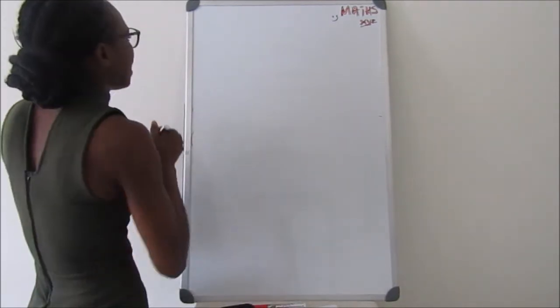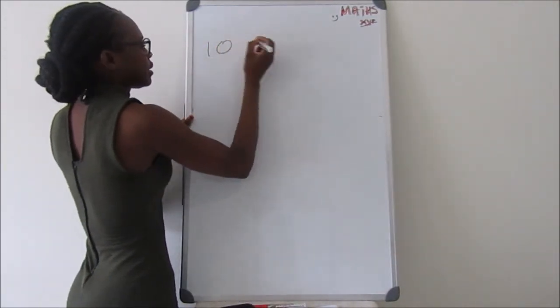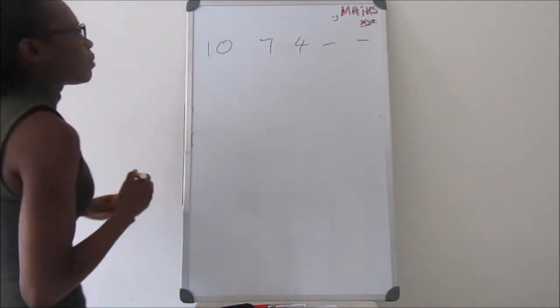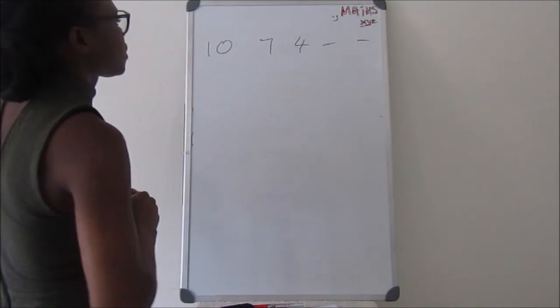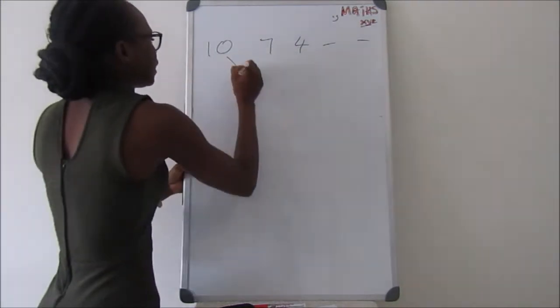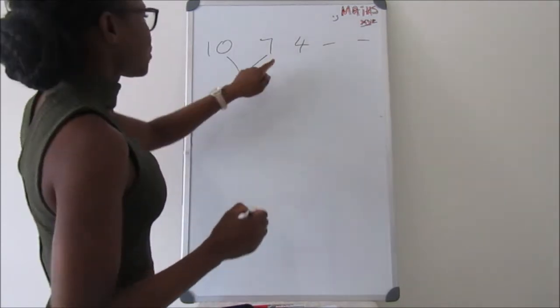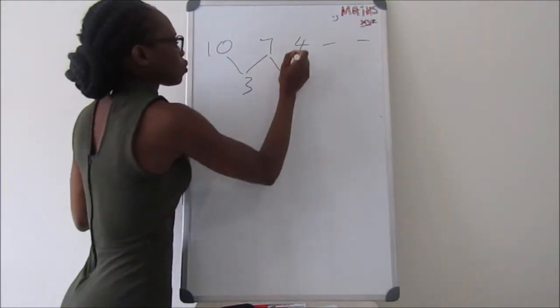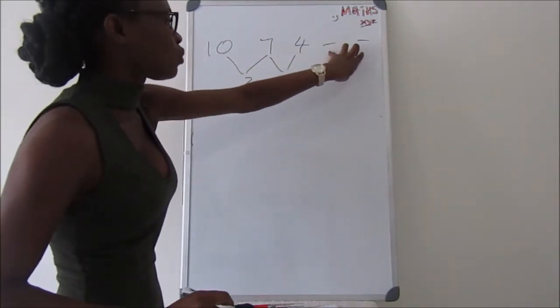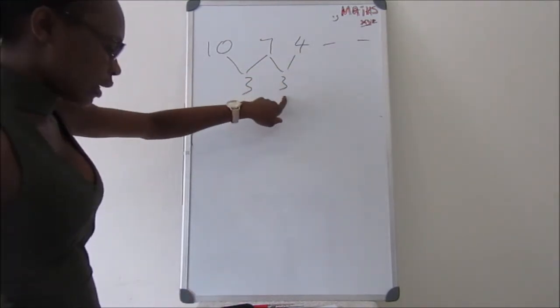If we are given terms like, let's say 10, 7, 4, and the question says we must fill in the next two terms, we know that the difference between 10 and 7 is 3, and the difference between 7 and 4 is also 3. So that means the difference for the next two terms must also be 3.